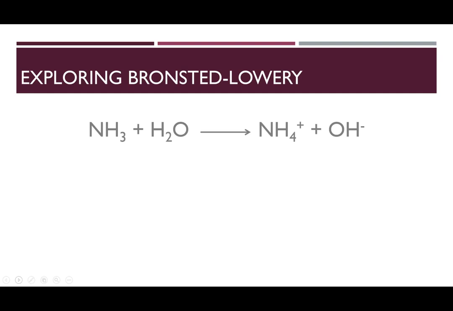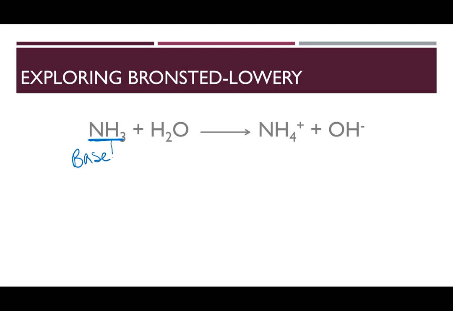So here's our example of ammonia, NH3. I said sometimes our bases don't inherently have that hydroxide ion looking at us in the face saying, oh, that's definitely a base. So we're going to look at how NH3 here does in fact act as a base and how we can define it using Bronsted-Lowry. So in this case, NH3 is going to be our base. Well, how do I know it's acting as a base?